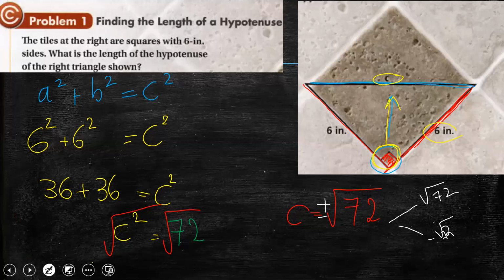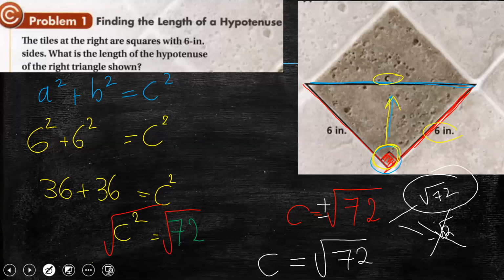Can I find any length in our real world that will be -5? No, teacher. So I will say it is only the positive square root of 72. So the length of the hypotenuse will be the square root of 72.